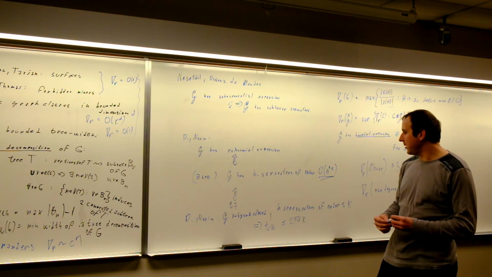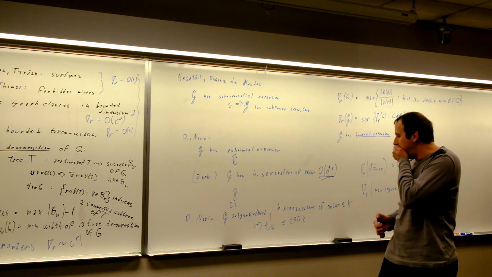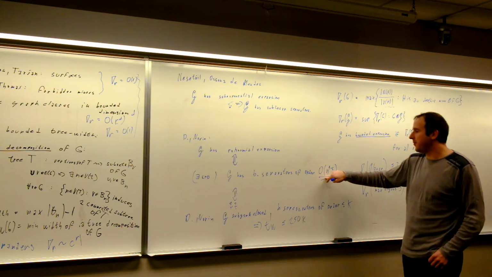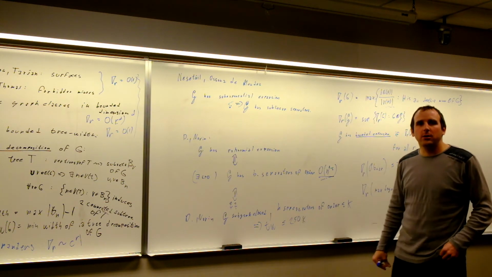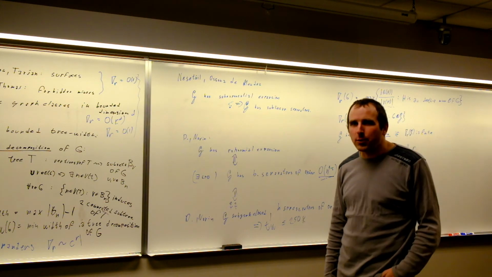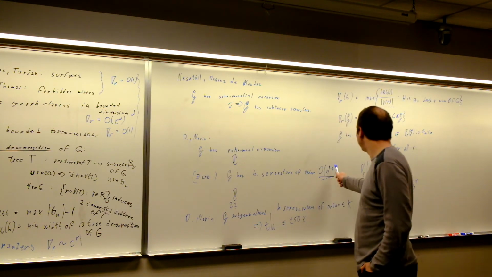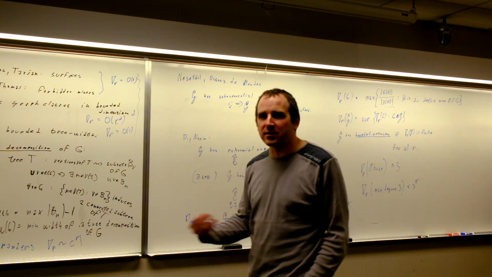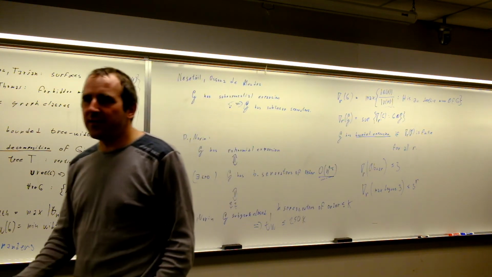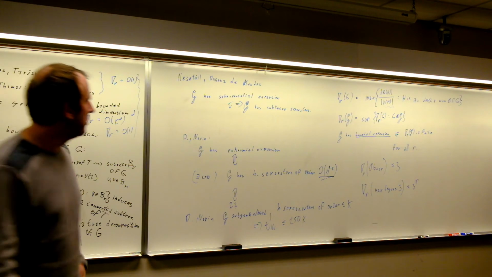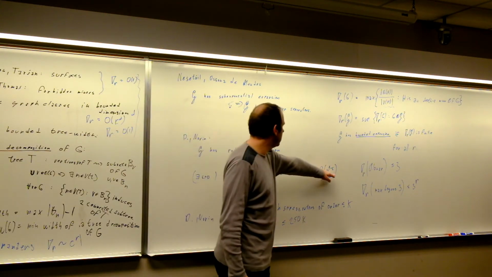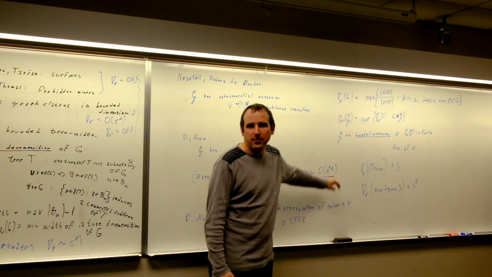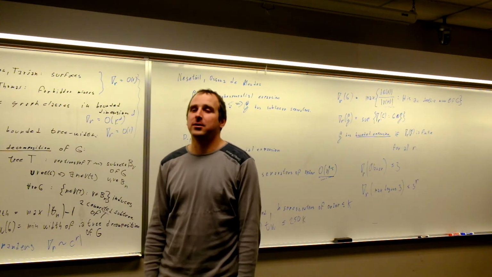So if you have separators of this order, you can find a tree decomposition where each bag will have at most this size, and this tree decomposition then certifies that every subgraph of this graph has a separator of roughly this form. But this is not quite what we want.